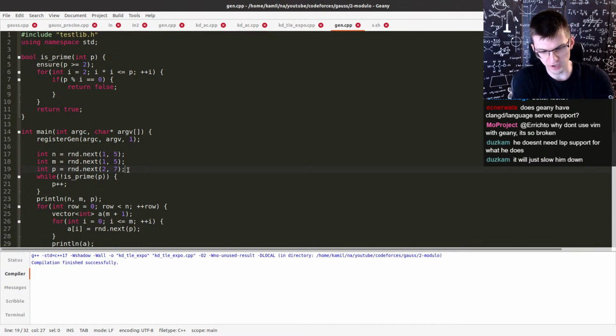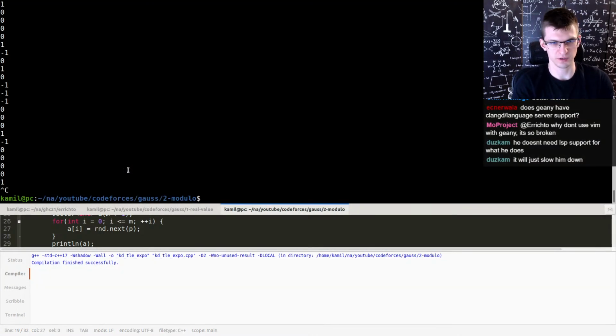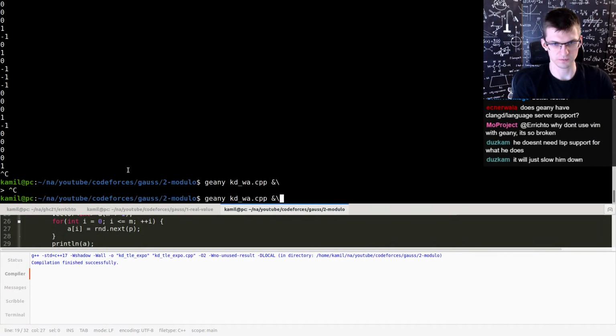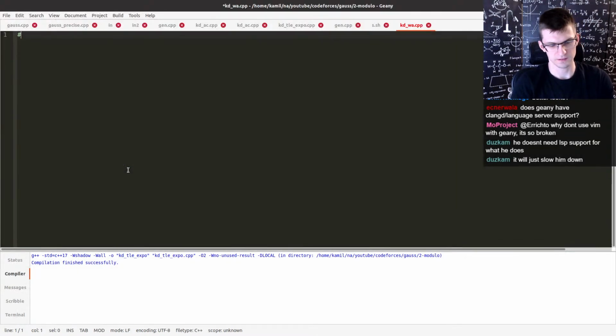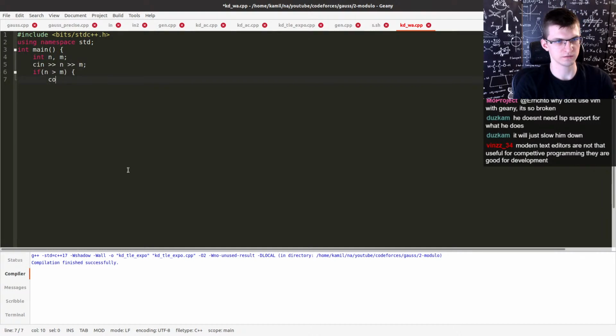And for sure, I don't want this solution to pass: a solution that just compares H with W. This is N and M. If there are more equations, then print, let's say, 0.